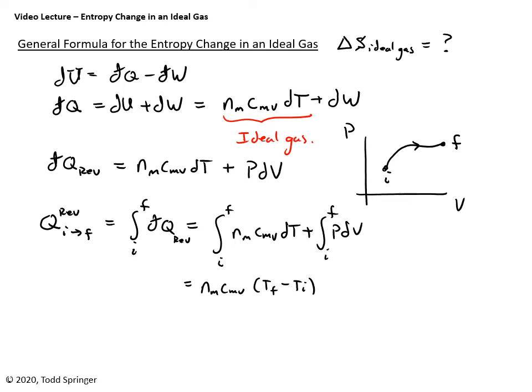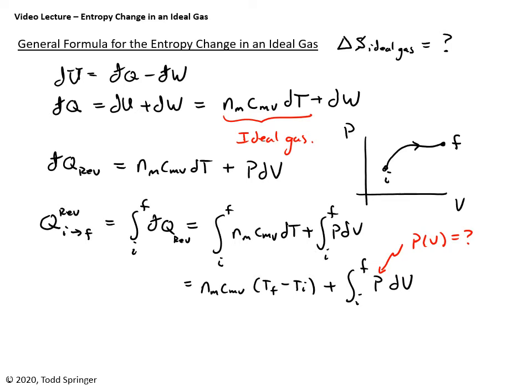That's fine. But this second term, I can't do this integral, because in order to do this integral, I need to know P as a function of V in order to do it, right? If P is constant, I could pull it out, but if P is not constant, I can't.